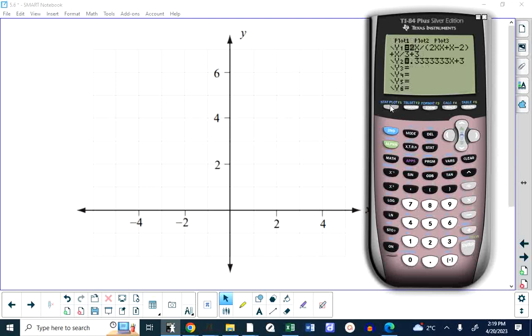And I'm going to enter, oh, I already have it in there. So I'm entering 2x over 2x squared plus x minus 2, and I've got that 2x squared plus x minus 2 in brackets. Then I have plus x over 3, and then I have my plus 3. And this is what the thing looks like.